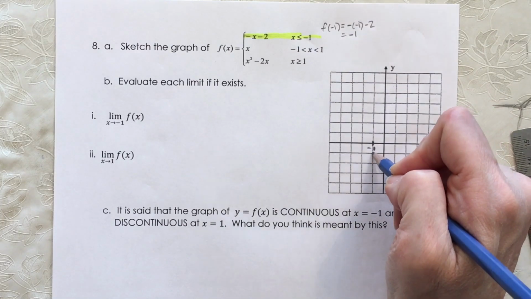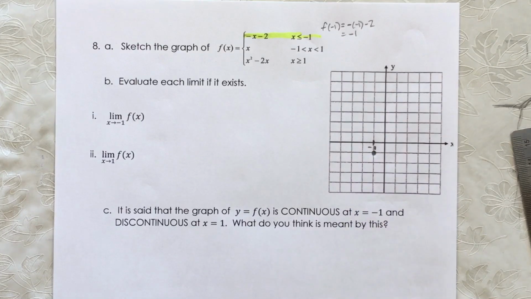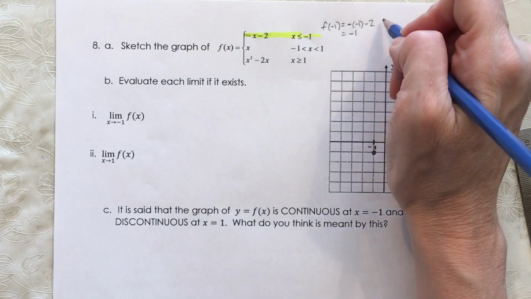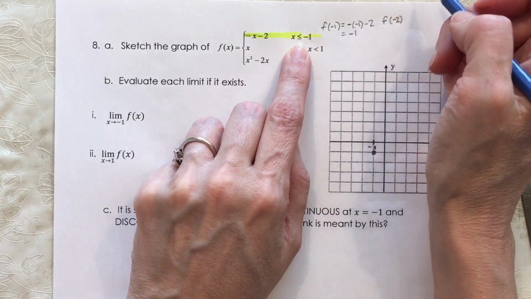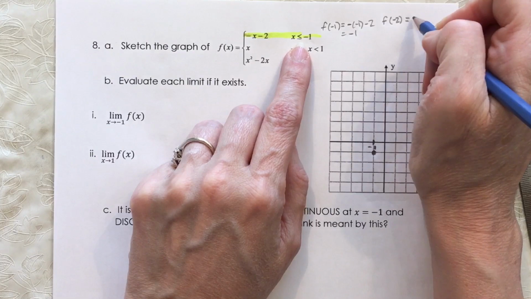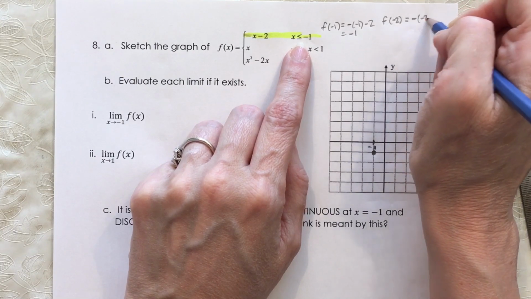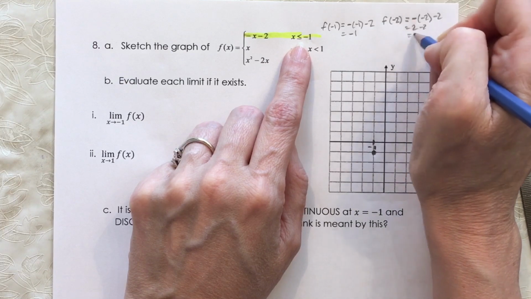So at negative 1, we have a filled in dot there because we're allowed to be negative 1. And then f at negative 2, because we want x less than or equal to negative 1. So it's going to give me negative negative 2 minus 2, which is 2 minus 2, which is 0.